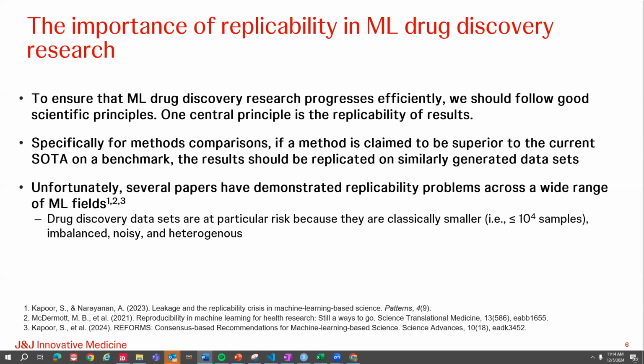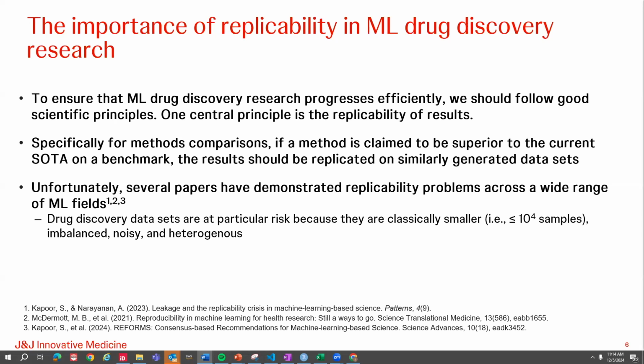And it's important to note that drug discovery data sets are particularly at risk for replicability problems, because they are classically smaller, imbalanced, and noisy. They're also heterogeneous, which means they're cobbled together from many different sources, for example, labs with different protocols.